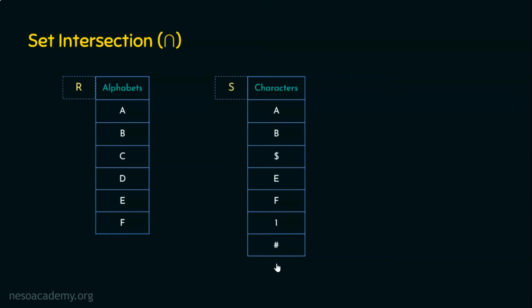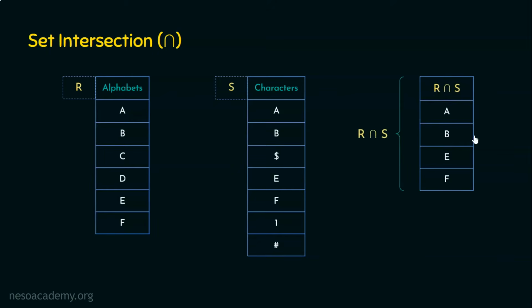Now we have two inputs, R and S. If we want to perform R intersection S, then the condition is that the arity should be the same on both relations. Here the relation R contains only one column. Similarly, S also contains one column. And coming to the second condition, the domain of this column is the same as the domain of this column. Hence, we can apply the set intersection operation, where we are going to perform R intersection S.